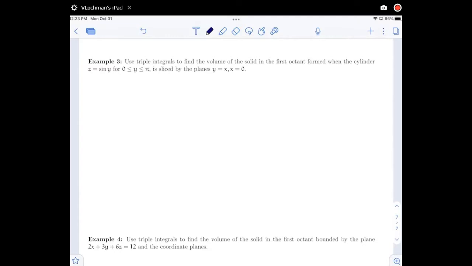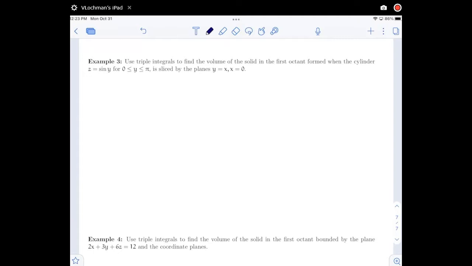Now, I know that sounds like our cylinders should look like the shape of a paper towel roll, right? So that's not what it's going to look like. In this case, the cylinder is just a general term for curves or for surfaces in 3 space. And we have y restricted between 0 and pi, and it's sliced by the planes y is equal to x, and x is equal to 0.